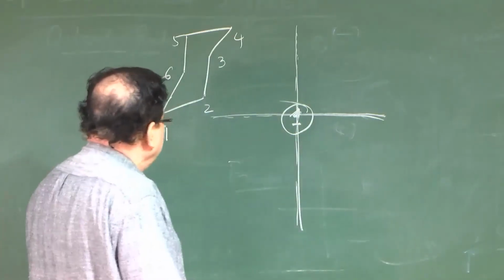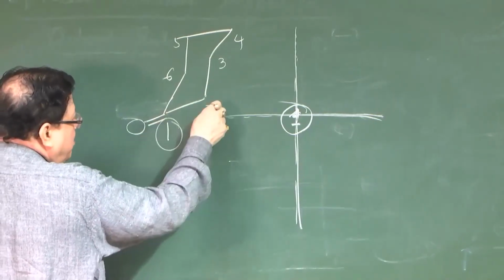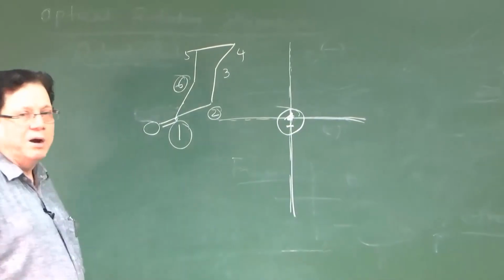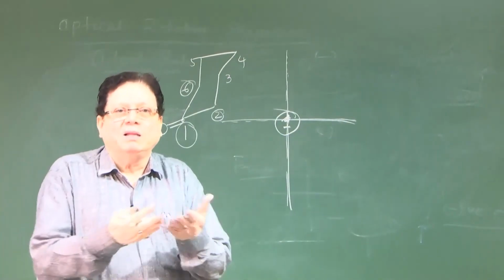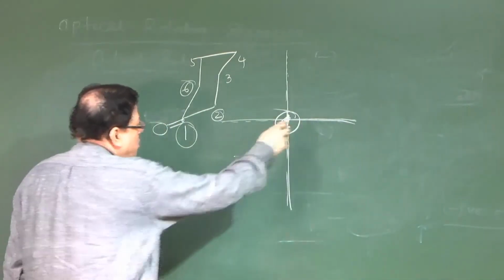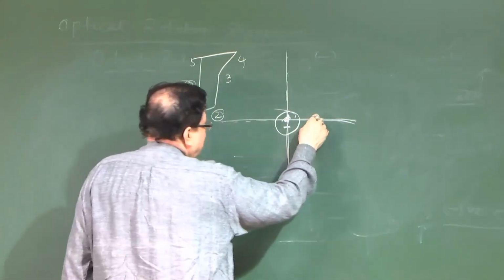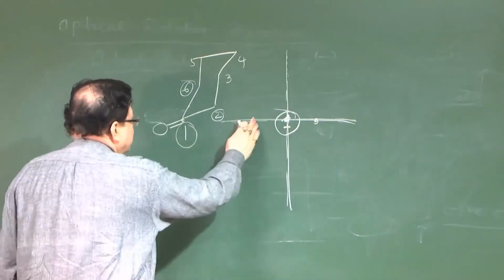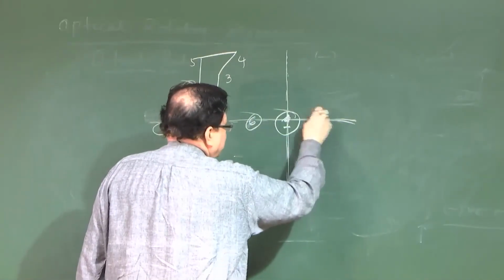Now, the carbonyl carbon, carbon 2 and carbon 6, because of the sp2 hybridization geometry of the carbonyl, will occupy the same plane as the carbonyl carbon. So, the projection of 2 will be somewhere there, and sorry, this is not 3, this is 6. So, 6 will be here and 2 will be there.